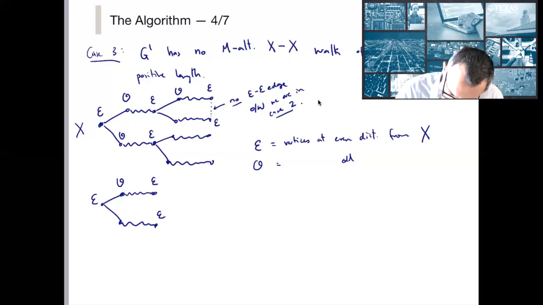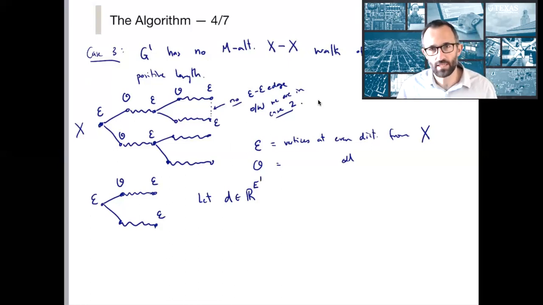So let's let D be a vector in R E dash. So E dash is the set of edges in EY that have survived after all the contractions.